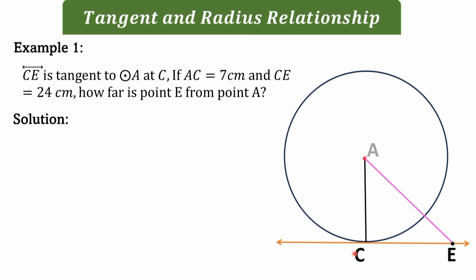Triangle ACE is a right triangle. Apply the Pythagorean theorem to find the distance of A to E.